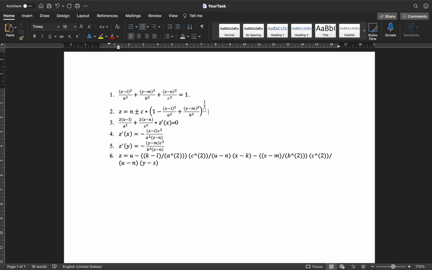So I called the equation with plus u and the equation with minus v. So here u represents this z. So let's get to the GeoGebra part.